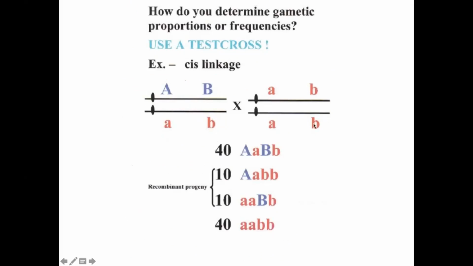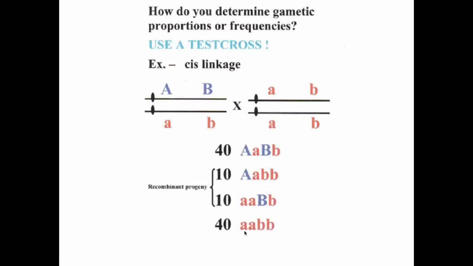So this individual is homozygous recessive for A and B. And from that cross, this is the result. You see 4 phenotypic types, the same 4 phenotypic types that you would see with independent assortment, but they're not segregating 1-to-1 to 1-to-1. So we know that A and B are not independently assorting.